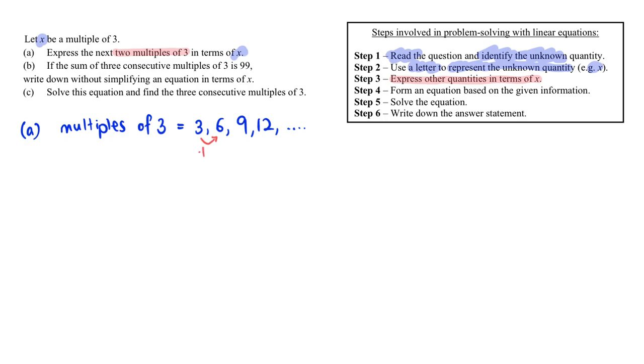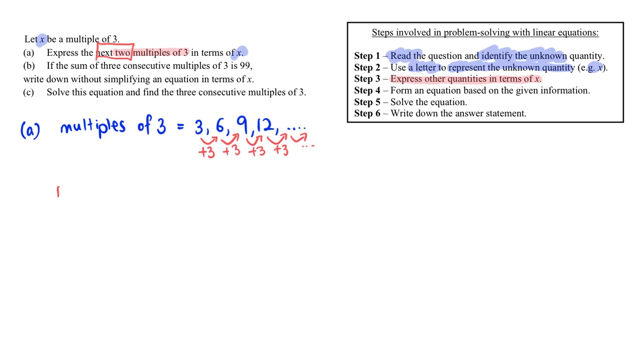We always plus 3 to each multiple, right? So on and so forth. And therefore, if we were to have the next 2 multiples of 3 starting from x, then you would see me writing this down.